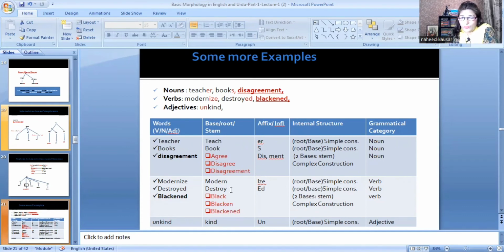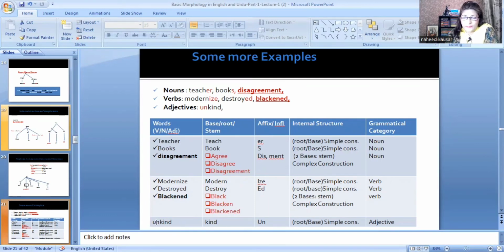Destroy is the root word and ed is the inflection. Again, the category is verb. Blackened, the word has already been explained in the previous slide, and with this example we learned that in one word, blackened, one component could work as the base for the other, while the central keyword was considered to be the root.